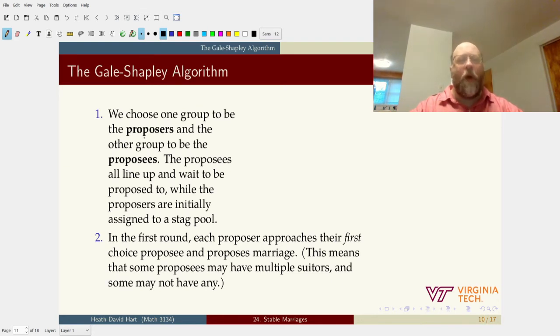So we choose one group to be the proposers and one group to be the proposees. The proposees all stand in a line and passively wait to be proposed to. And each proposer goes up to their first choice and proposes marriage. And that means that some proposees may have multiple suitors, some may not have any.